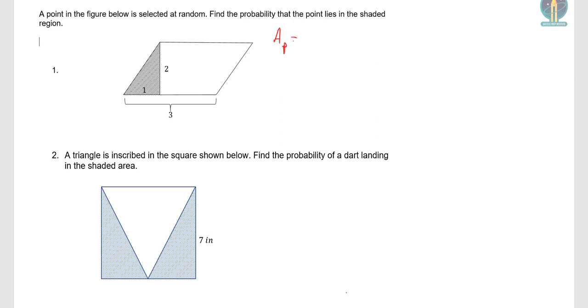The area of the parallelogram is 3 times 2, which is 6 units squared. The area of the triangle is equal to 1/2 times 1 times 2, which is 1 unit squared.